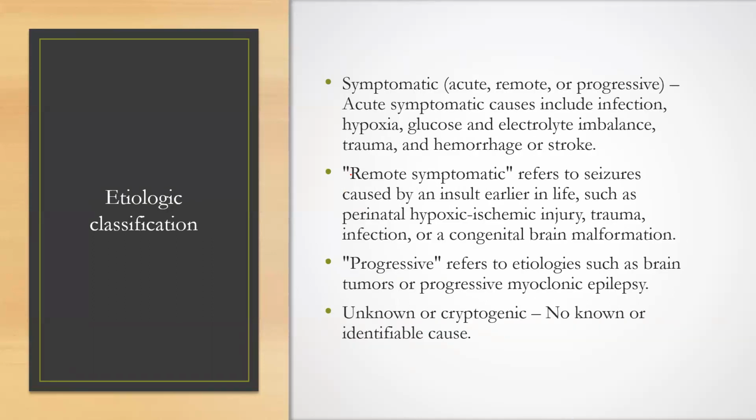We have to look into the etiology immediately, before we start medications, because we might miss the cause. We can broadly divide this into remote symptomatic, where we don't know the cause exactly, or the most common one, symptomatic seizure, where we have a direct cause in front of us.